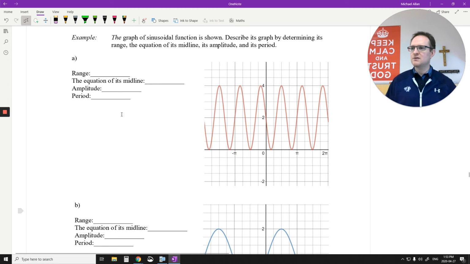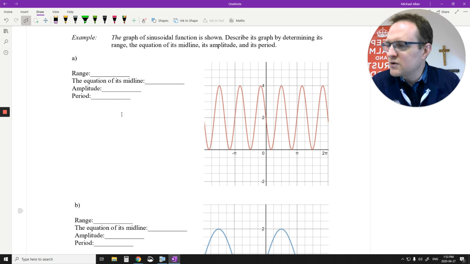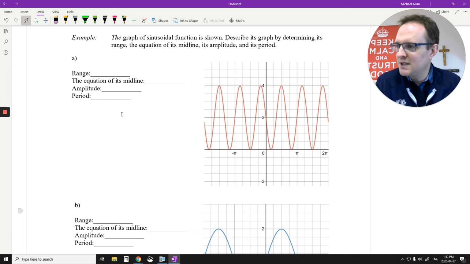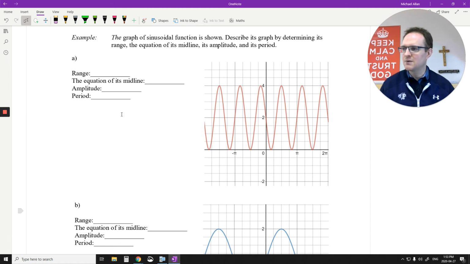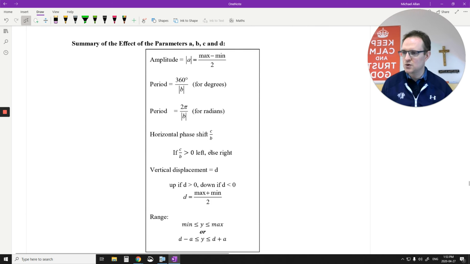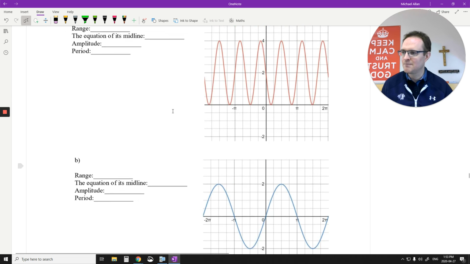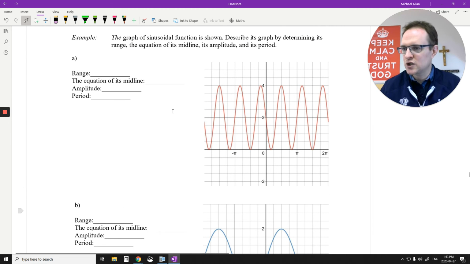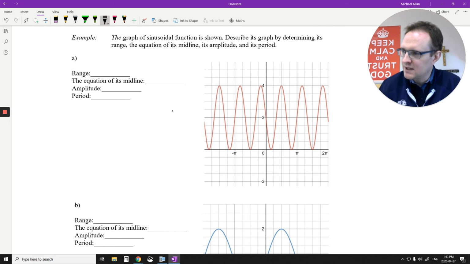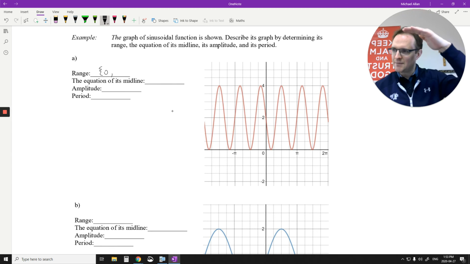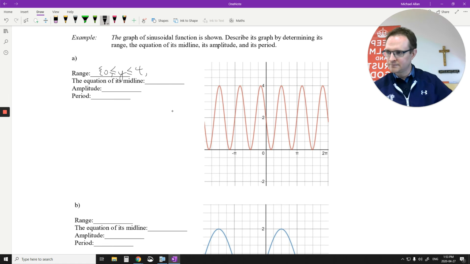The graph of the sinusoidal function is shown. What is the range? What is the equation of its midline? What's the amplitude and what's its period? We could do this for the next 2 graphs, and the next page here is just a little summary of everything we talked about so far. Okay, so my range. Going down to the bottom, looks like it's 0, the bottom of my graph to the top of my graph, 4.